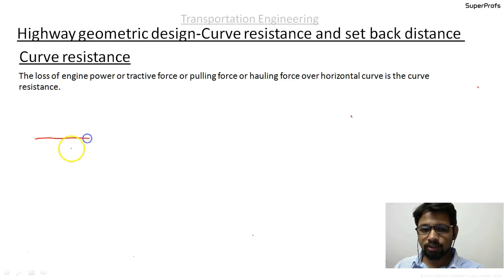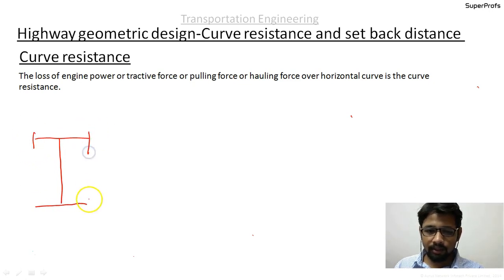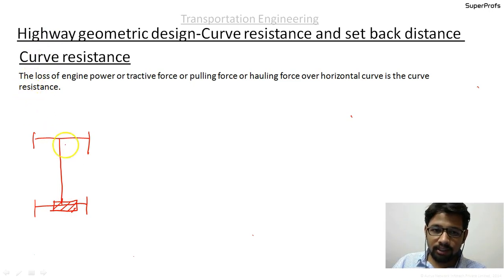Suppose this is a vehicle. This is the front axle and this is the rear axle, and these are the wheels. Whenever the vehicle is rear axle driven, that is, the engine is connected to the rear axle, at the time when the road is straight, the direction of push of this engine is this one, and the vehicle's motion is also this one.